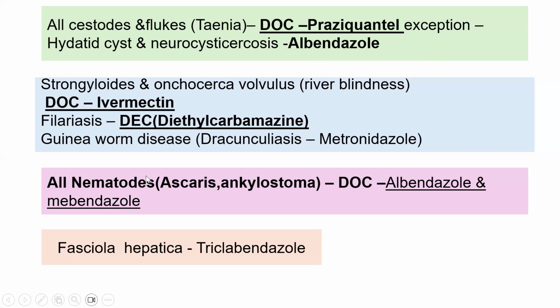Hydatid cyst is albendazole. And all nematodes, Ascaris, Ancylostoma, drug of choice is albendazole, mebendazole. And strongyloidosis, onchocerca, I have told you, drug of choice is ivermectin. Filariasis, diethylcarbamazine. And guinea-worm disease, metronidazole. Fasciola hepatica, triclabendazole is the drug. So remember, ivermectin is commonly asked.